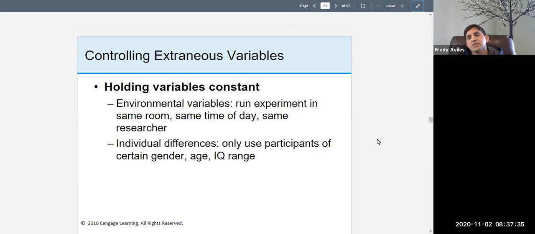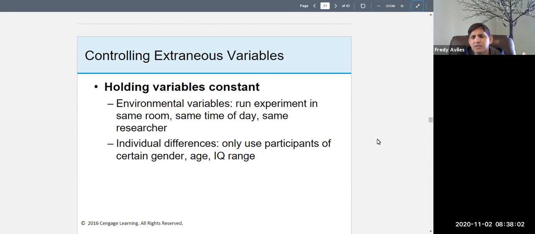Or maybe use the same researcher, the same person running the experiment, because maybe some are more distracting than others and they have an effect on memory. You can imagine, for instance, if the experimenter happens to be very attractive and the participants have to remember some sentences, right? They're being tested on their memory. If they're very distracted by the attractiveness of the experimenter, they may not do so well.